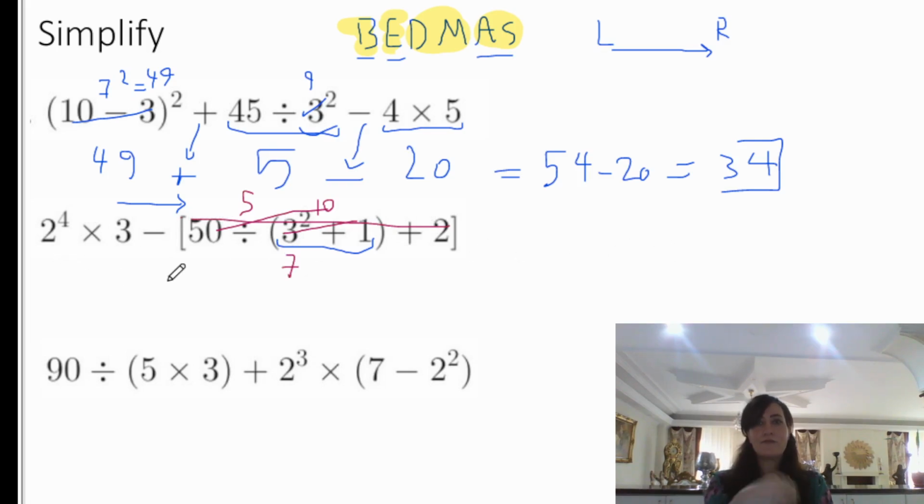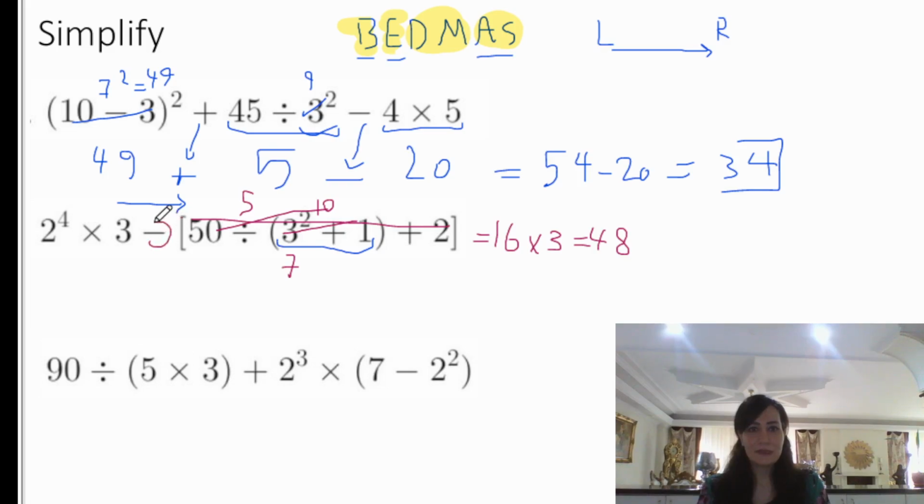Now I will look at the other operations that I have here. I have 2 to the power of 4, then multiply by 3. We know we have to do the exponent first. So 2 to the power of 4 gives me 16, and then multiply by 3, which is 3 times 6 is 18, and 3 times 1 is 3, plus 1 gives me 4, so 48.